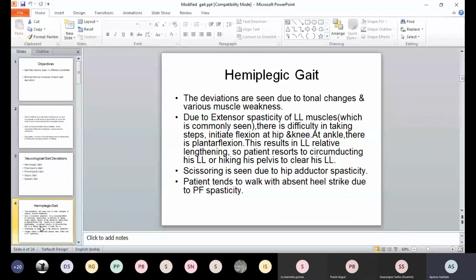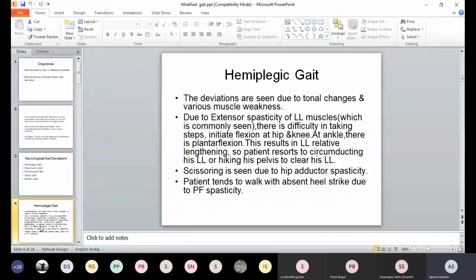So now when you see hemiplegic patients, you will know that there is spasticity in lower limbs, and usually it is in extensors. So whenever there is spasticity in extensors, what happens? The opposite action, that is flexion at different joints of the lower limb, at your hip, knee and at ankle, doing dorsiflexion becomes difficult.